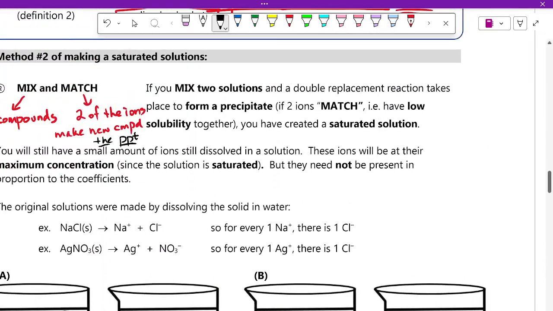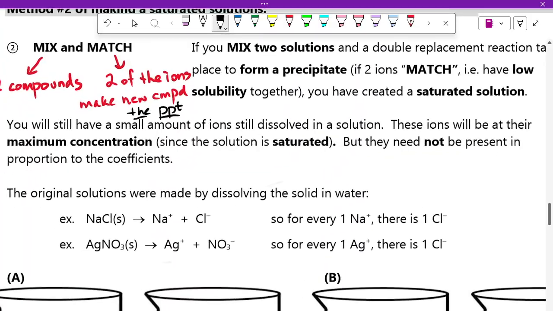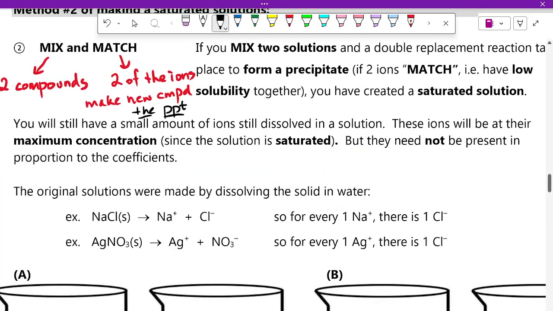So let's take a look at how this works. Once you get your precipitate, you will still have a small amount of dissolved ions in the solution. These ions will be at their maximum concentrations.